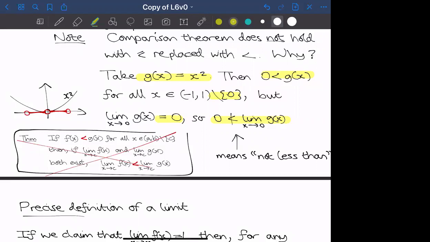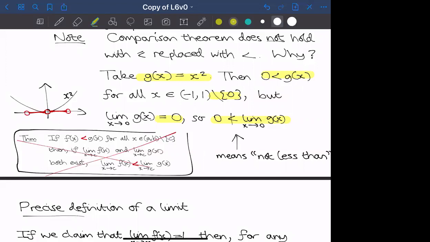So why did we take out the point c while discussing the sandwich theorem? This is an example where it makes a difference. Because without the point c, a function might be greater than 0, but at the point c, it's equal to 0.